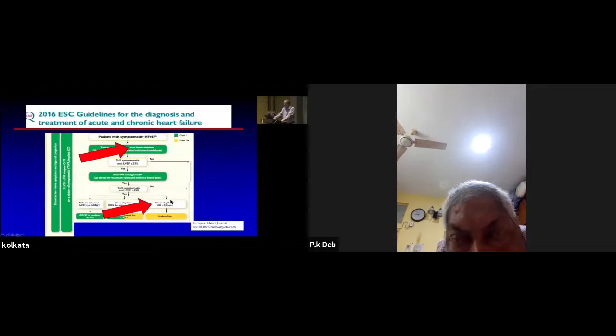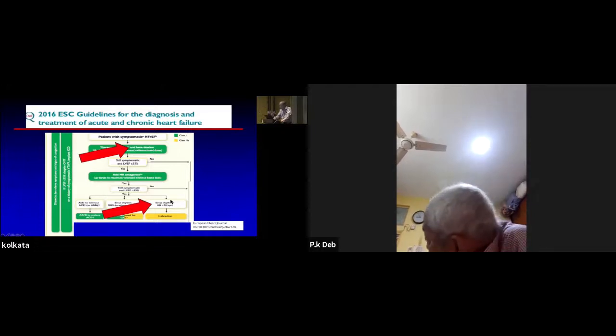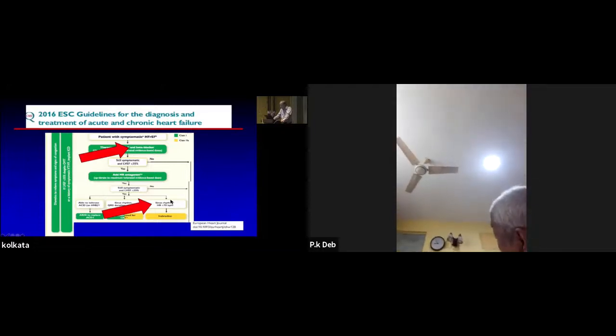Now, the 2016 ESC guidelines for the diagnosis and treatment of acute and chronic heart failure: for the patient with symptomatic heart failure with reduced ejection fraction, the blue bar, that is the class 1 indication, is the beta blocker. We all know that. Now, if the patient is still not relieved and the ejection fraction is less than 35%, then you add the other drug, that is MRA, mineralocorticoid receptor antagonist, which is also class 1.